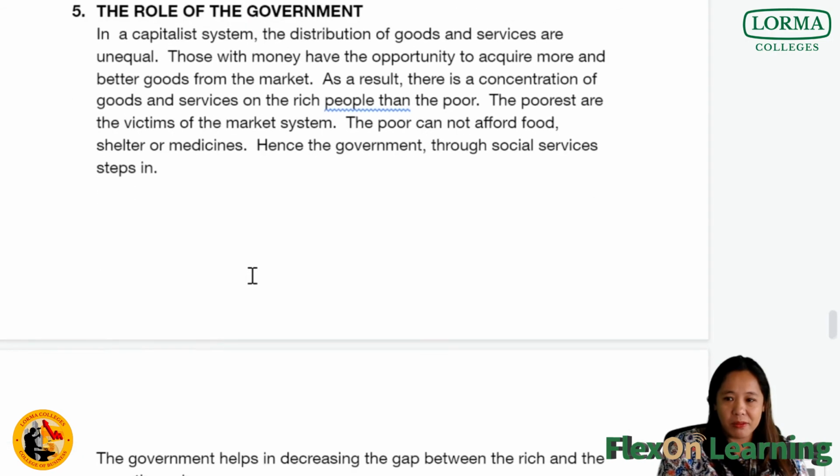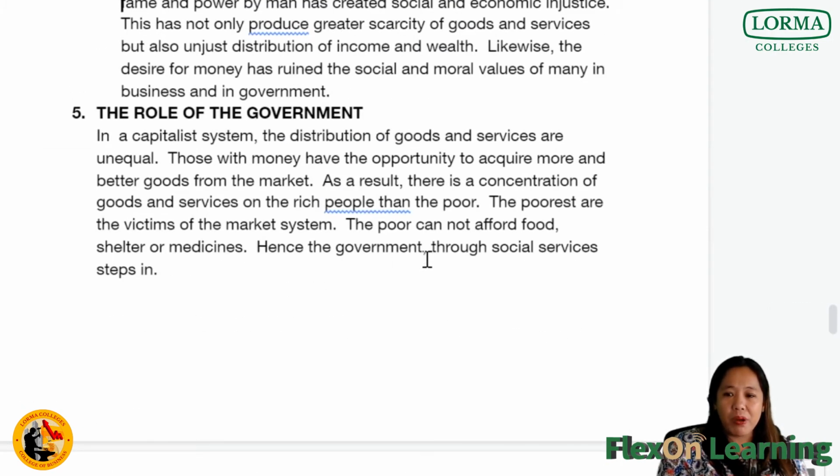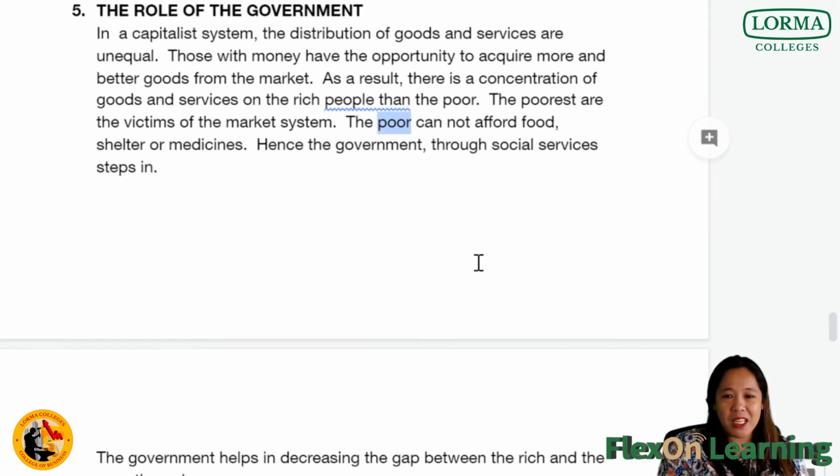Okay, so if that is the case, here comes now our government, and the government most often is siding with the poor. Have you heard of the Four P's? Okay, I know for sure you've heard of them most especially during our quarantine period. So hence the government through social services steps in.